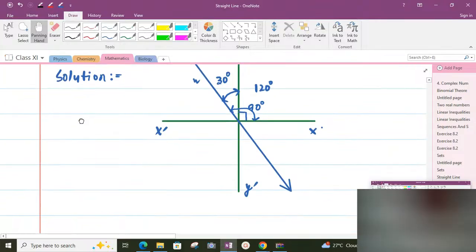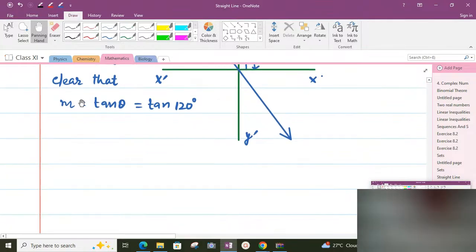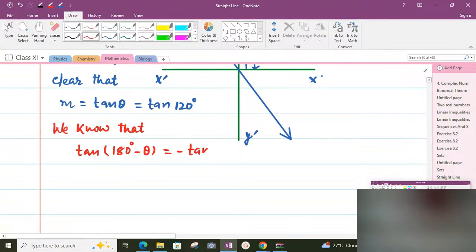From the figure it is clear that m equals tan theta equals tan 120 degree. Hope there is no problem to understand up to this step. We know that tan of 180 degree minus theta equals minus tan theta.